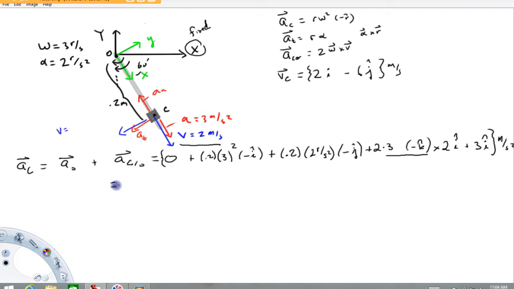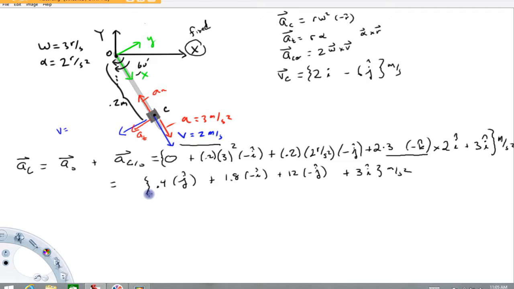Let's see, I ended up with 0.4 in the minus j, plus 1.8 in the minus I, plus 12 in the minus j, plus 3I. Again, meter per second squared.